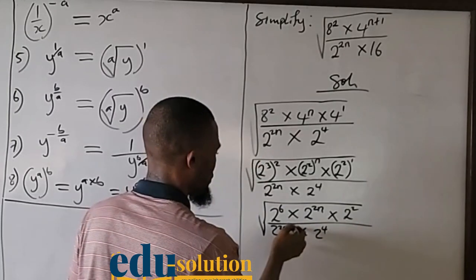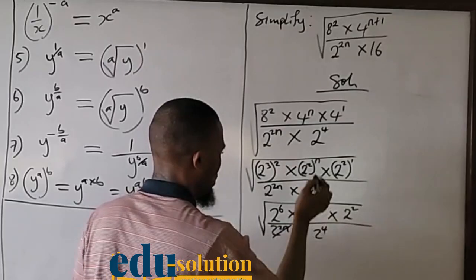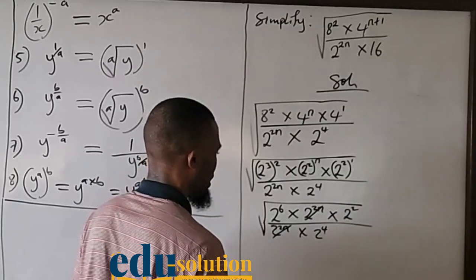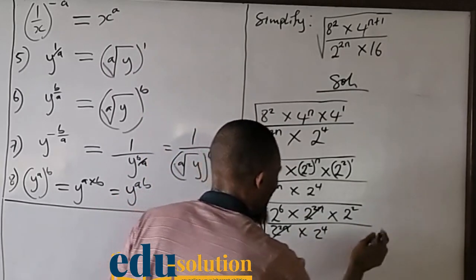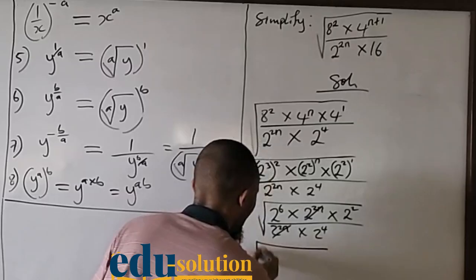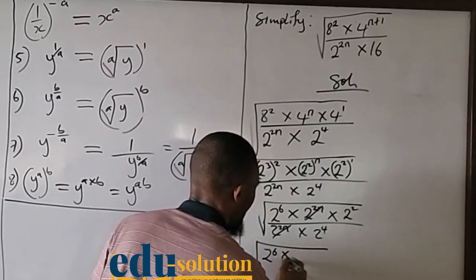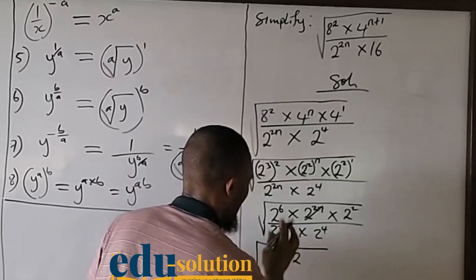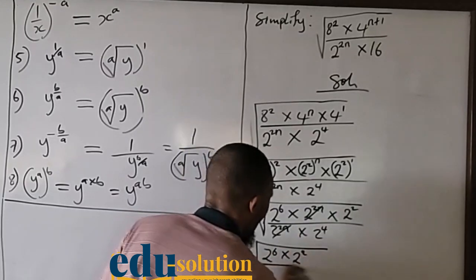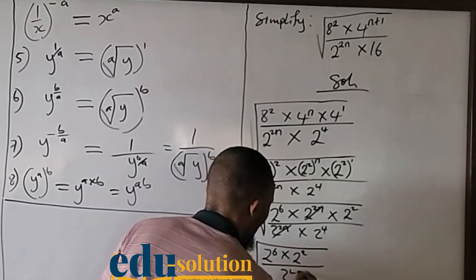This 2 raised to the power of 2n is going to cancel the one in the numerator. So what we are left with is 2 raised to the power of 6 times 2 raised to the power of 2, everything over 2 raised to the power of 4.